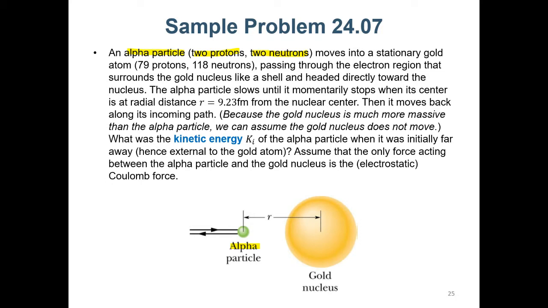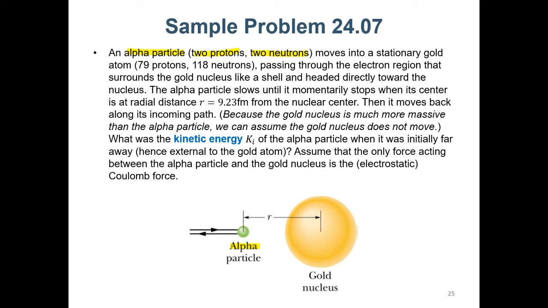Yeah, helium has an atomic number of 2, so it has 2 protons and 2 neutrons. So we call it an alpha particle. Maybe it has some relationship with the nuclear reaction, so we may call some particle the alpha particle and another one beta particle, something like this.